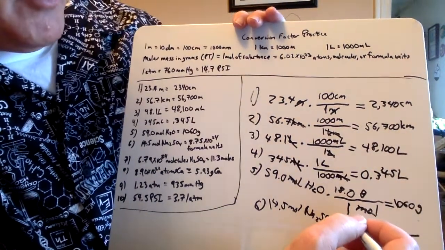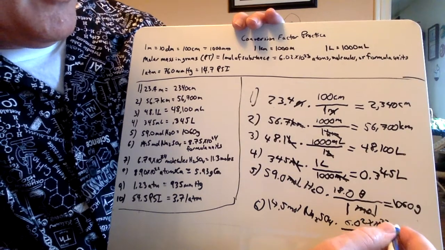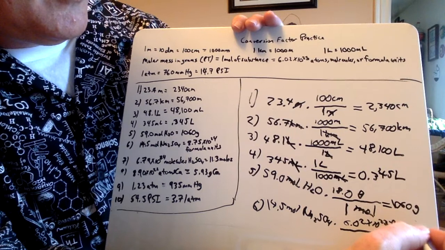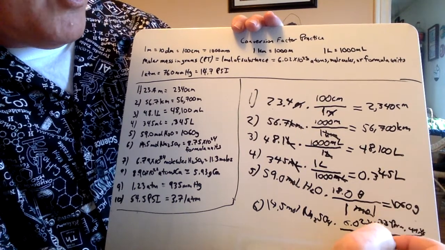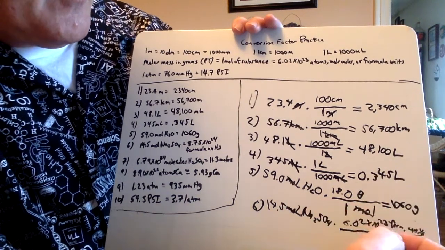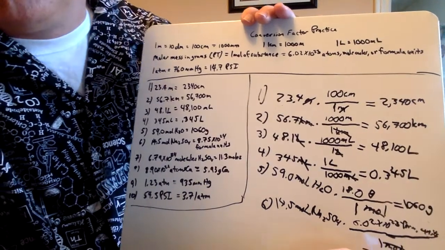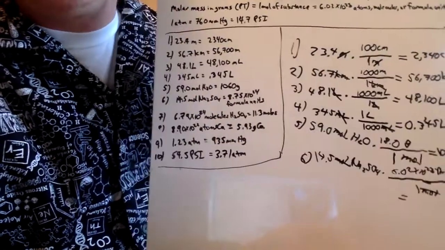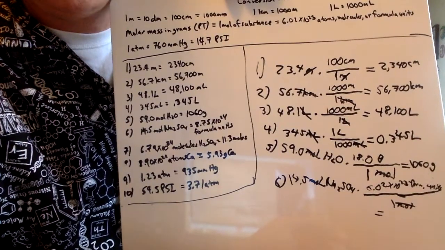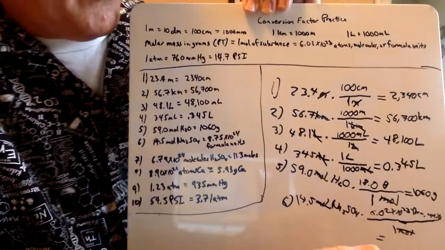So we're going to put 6.02 times 10 to the 23rd formula units and 1 mole on bottom. Moles cancel. And we get an answer of 8.75 times 10 to the 24th.